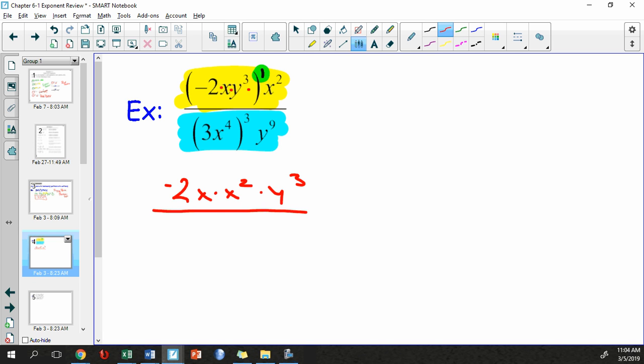Okay, look at the bottom. Do I have any powers that are exponents on the outside? Yes, I do. The power that I'm looking at is going to be this lovely little 3 right there. Yes? What happens with that power of 3? It distributes to where? To every single thing inside the parenthesis.